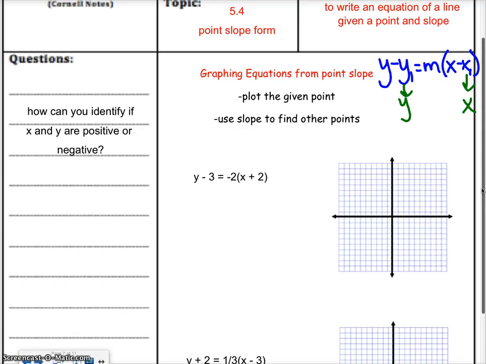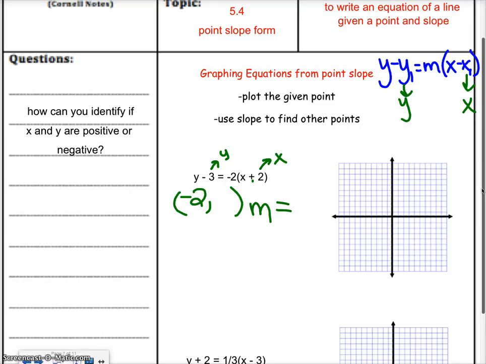Okay, so again, I'm working backwards. This is my y, this is my x, according to the equation, point slope. Since it's plus 2, my x was actually negative 2.